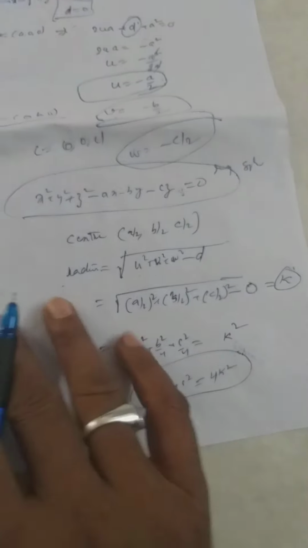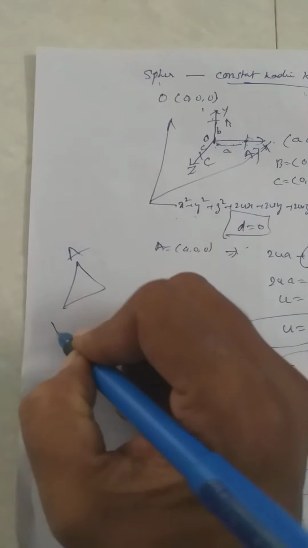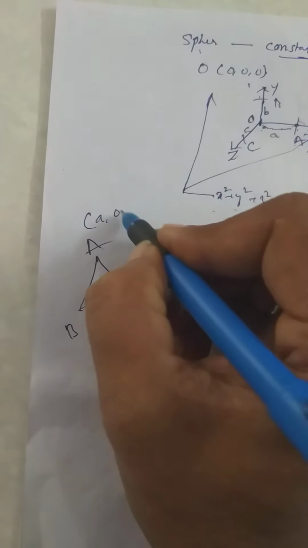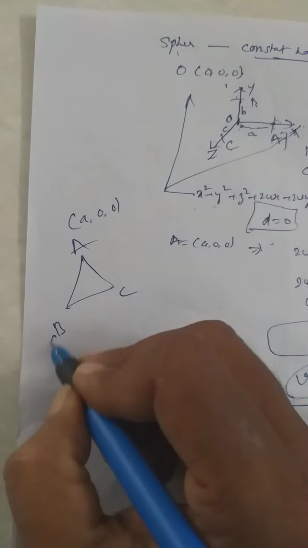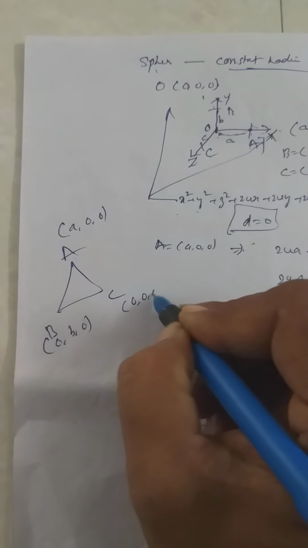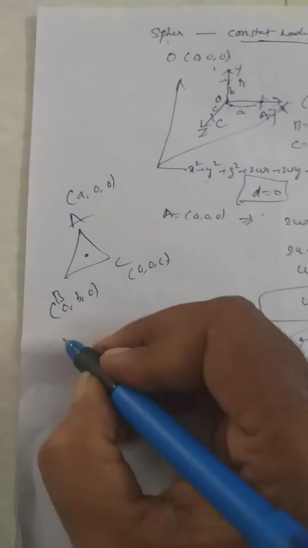Now what do we have to find out in that problem? We have to find the locus of the centroid of the triangle. Now this is a triangle ABC whose coordinates are given: a comma 0 comma 0, 0 comma b comma 0, 0 comma 0 comma c. We want the centroid, but we don't know it.